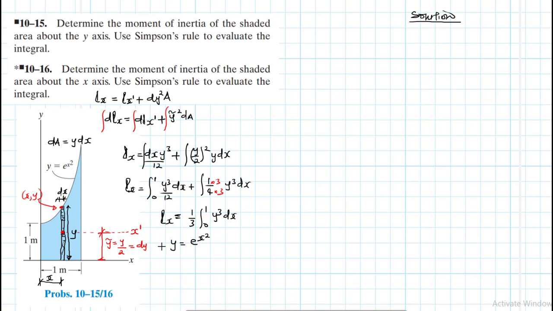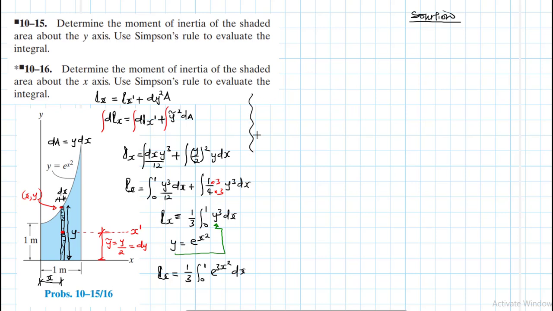So replacing this, we have Ix is equal to 1 over 3 integral from 0 to 1 of e to the power 3x squared dx.